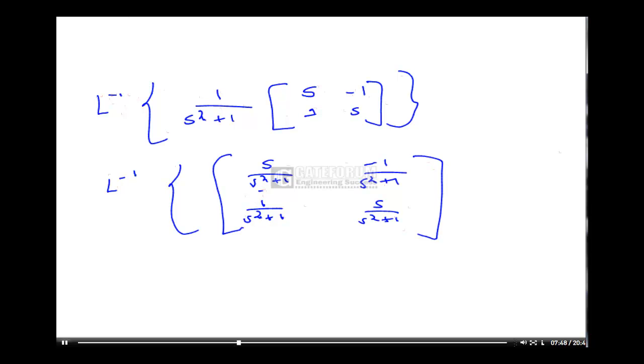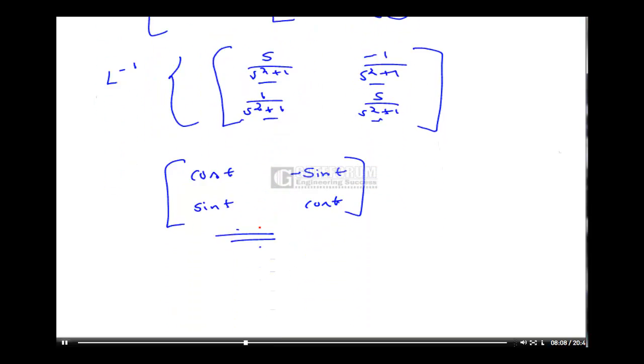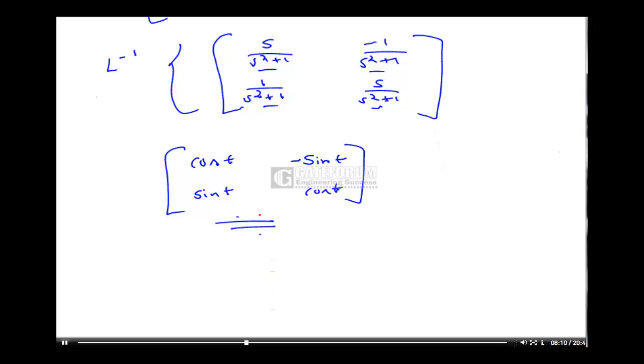I have to find the Laplace inverse of each of these. So this has Laplace inverse [cos t, sin t; minus sin t, cos t]. This is my state transition matrix. Simple, it just involves mathematics.